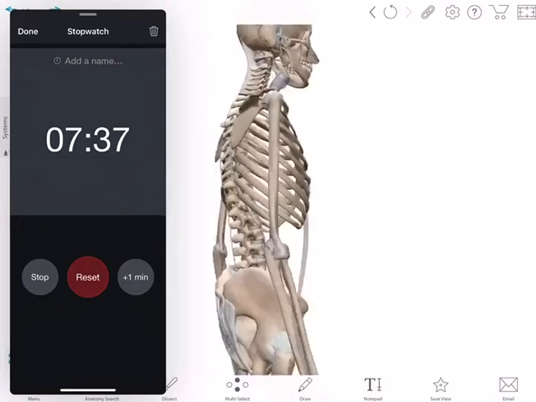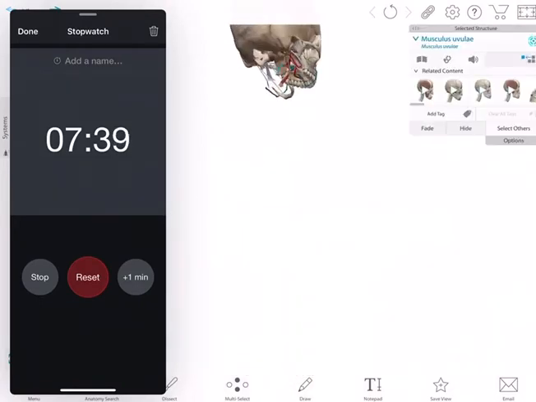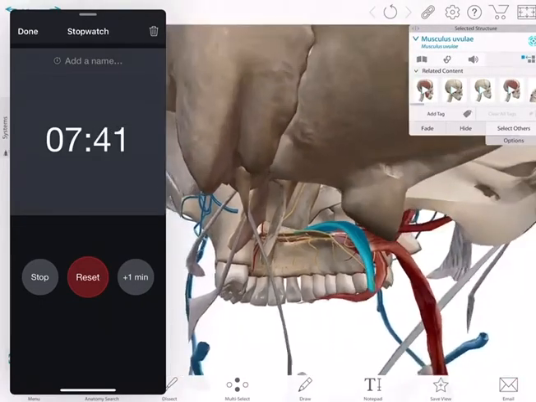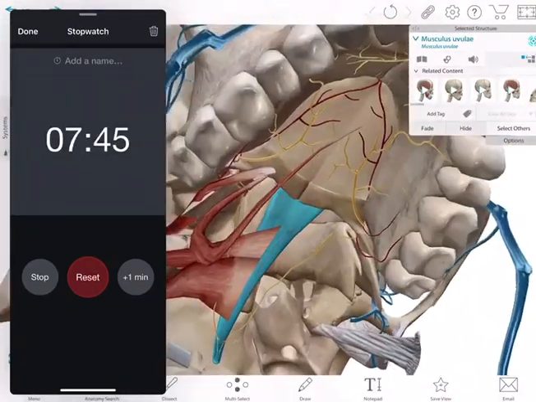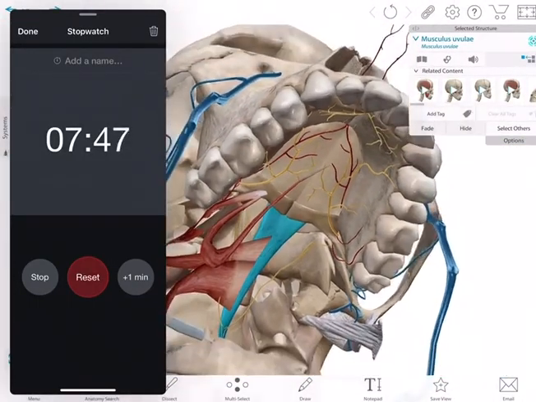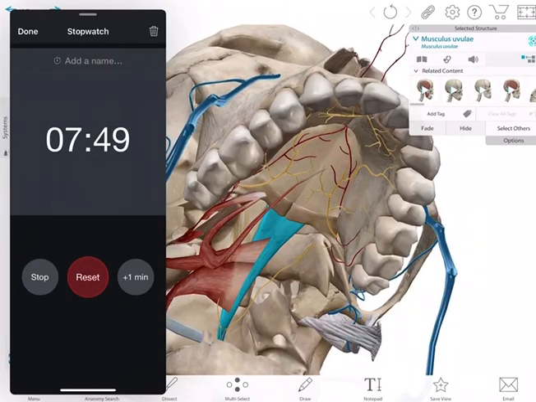If we now move to the blood supply of the palate, we will see that we have 3 arteries supplying the palate. The first one is the palatine branch of the ascending pharyngeal artery, and I'm so sorry that it's not represented here, but I didn't find it in this application.